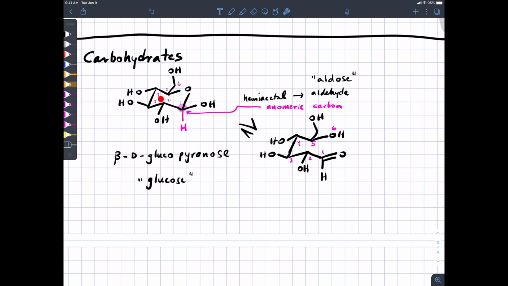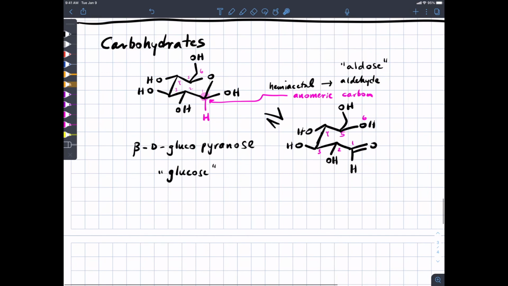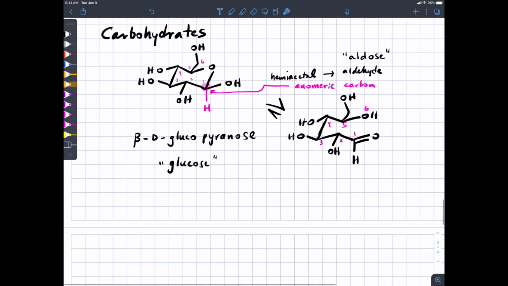So you make a 6-membered ring, but it's between the OH group on carbon 5 and the aldehyde on carbon 1. Now the mechanism for that, presumably you should be really good at. If you're not, you need to go back to the early chapters this semester and look at acetal and hemiacetal formation.